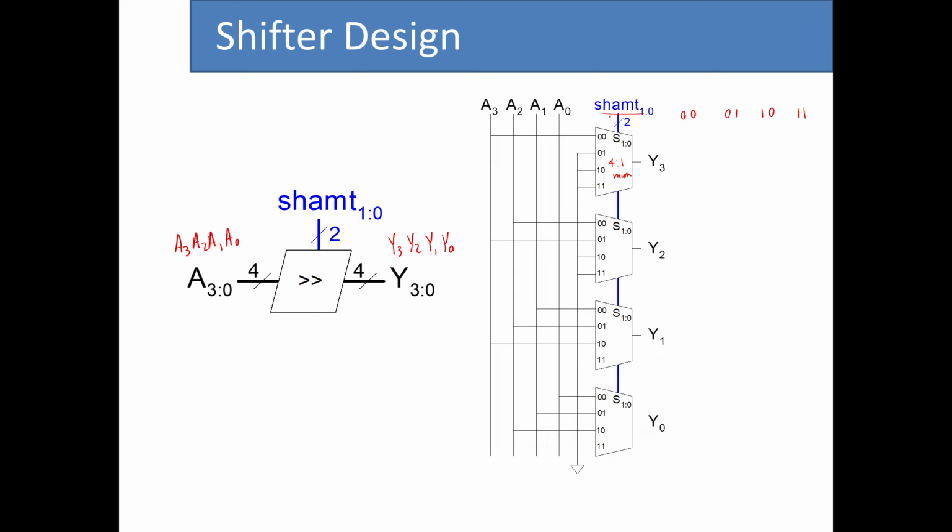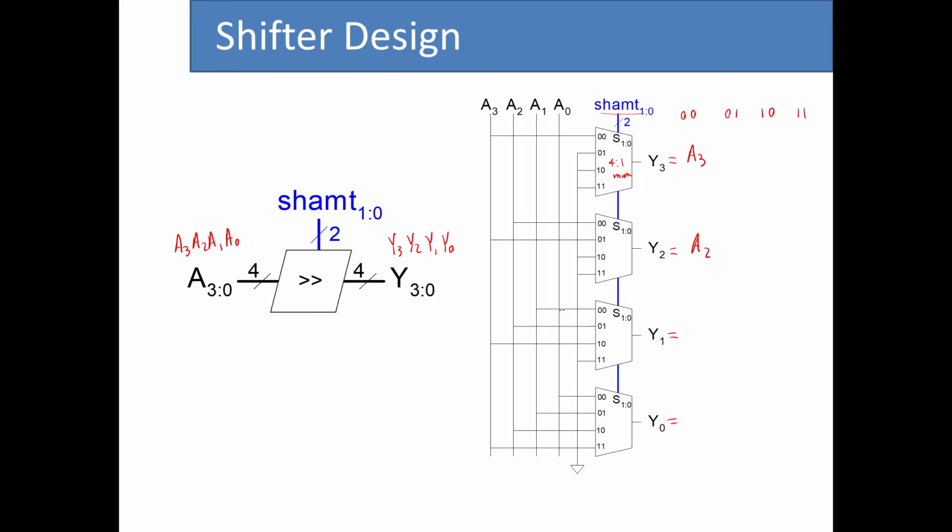So when the shift amount is 00, that means that the first regular input of the multiplexer is going to be selected to be delivered to the output. So that makes Y3 to be A3. For Y2, the 00 input is connected to A2, so Y2 is A2.